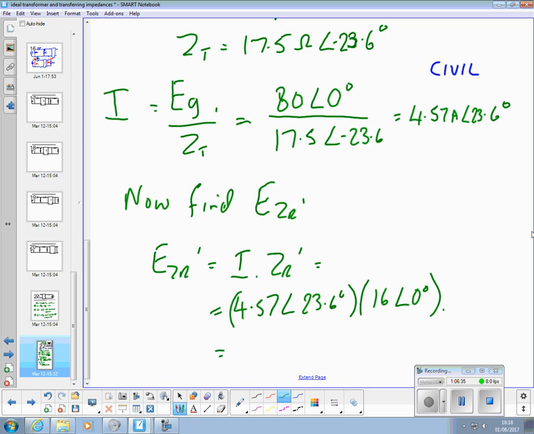If you multiply 4.57 by 16, you get 73.1. That's volts, and the angle is exactly the same, 23.6 degrees. That must be true because resistors don't change the angle.